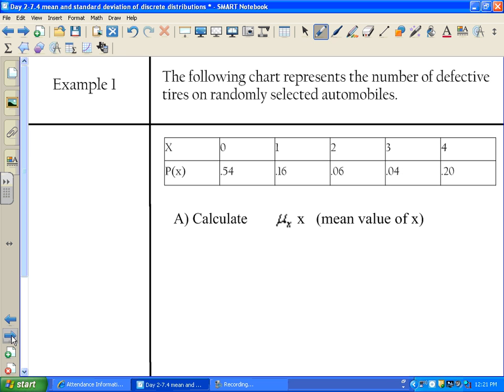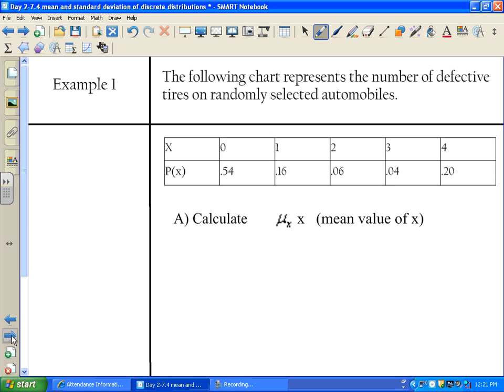Here's our data set. Represents the number of defective tires on randomly selected automobiles. Should make sense to you that it's going to fit in one of these categories. It should make sense to you that in this case, either a tire is defective or it is not defective. We can't have a half defective tire. If it's half defective, it is defective. It doesn't work. Okay?